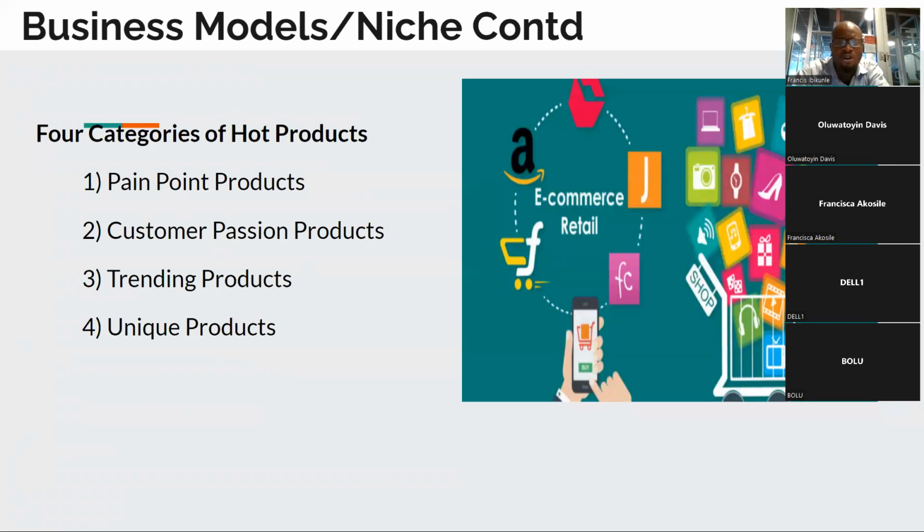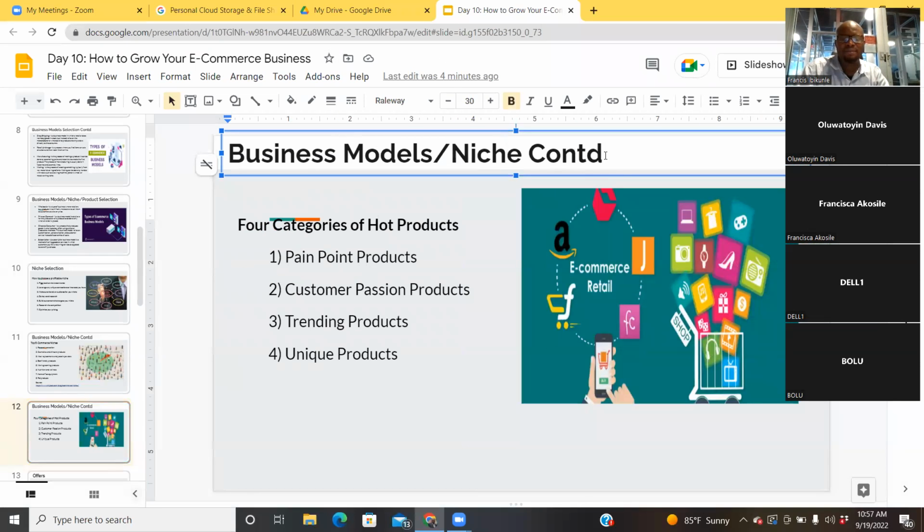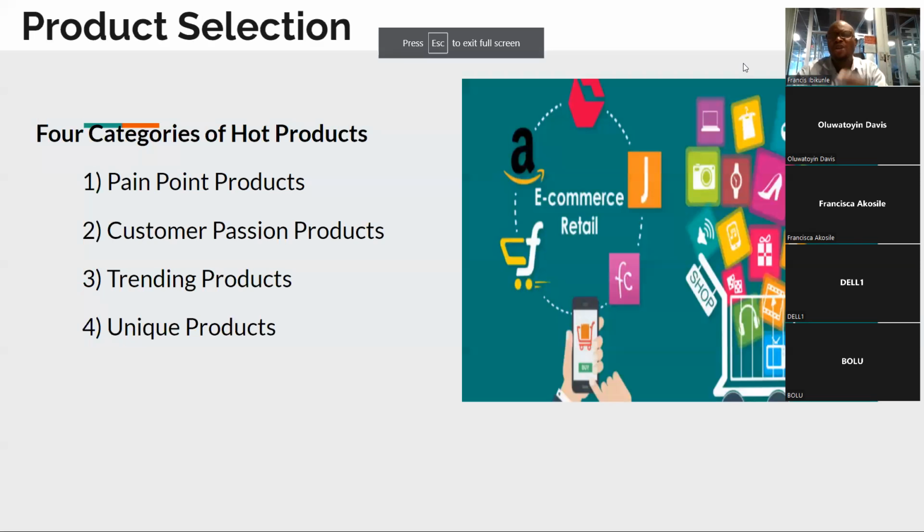Then number 3, that is about product selection. So now, how to select products, I'll give you this formula. Now you have gotten a business model you want to target, and you have gotten the niche.